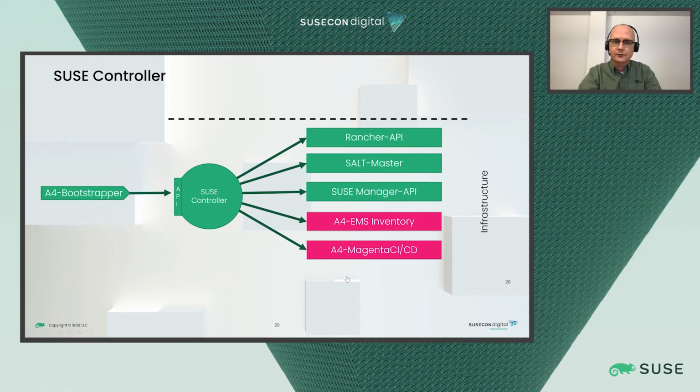This is something that the SUSE controller has in its business logic, and the SUSE controller maps this request and knows when to talk with the Rancher API or with the SUSE Manager. And we are using Salt as a base for the configuration engine, so the SUSE controller will create all the Salt states.